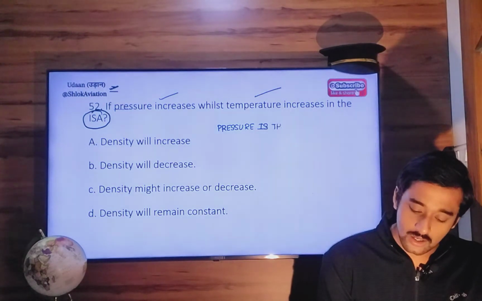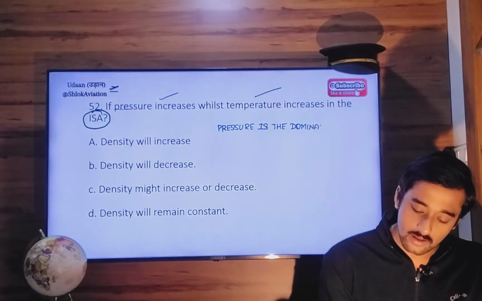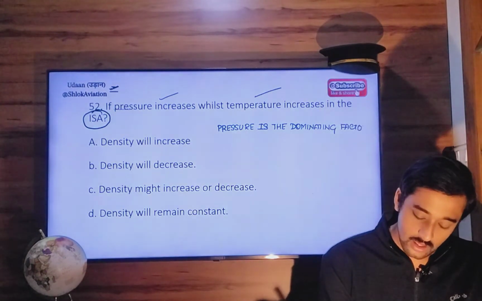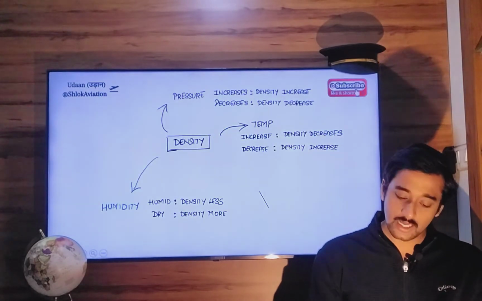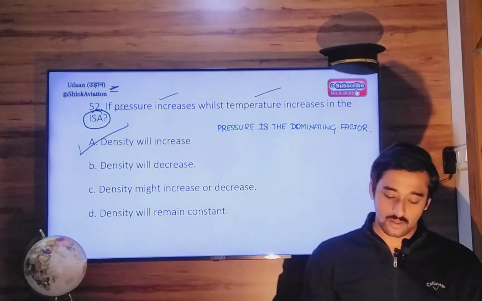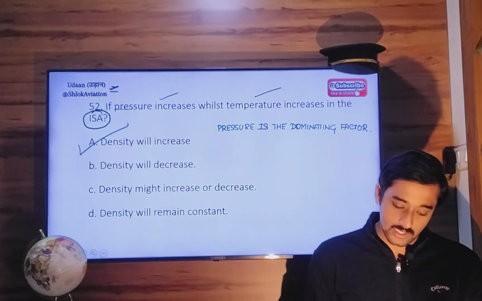So the end result will be, if pressure increases, density will increase. Option A. Okay, in ISA, definitely density will increase.